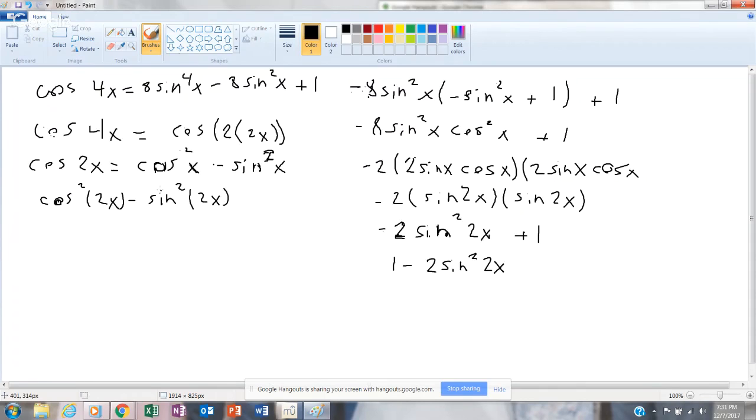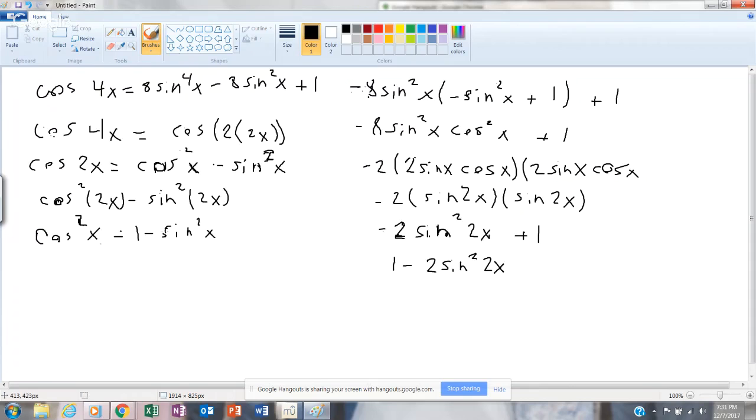Then we know that cosine squared of x equals 1 minus sine squared of x from one of the Pythagorean identities.